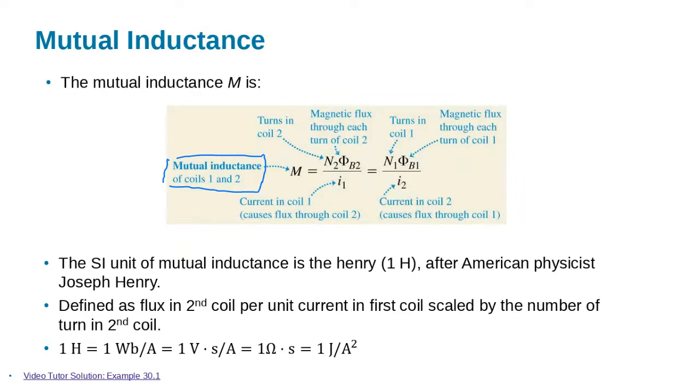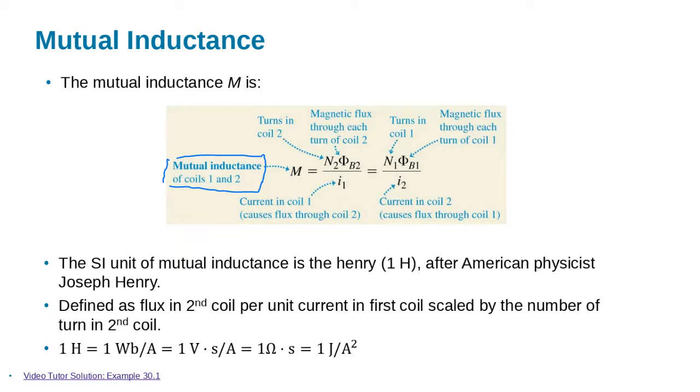But remember, this is mutual inductance, so the reverse happens. If we send a current through coil 2, then we will induce an EMF in coil 1. It just works backwards.